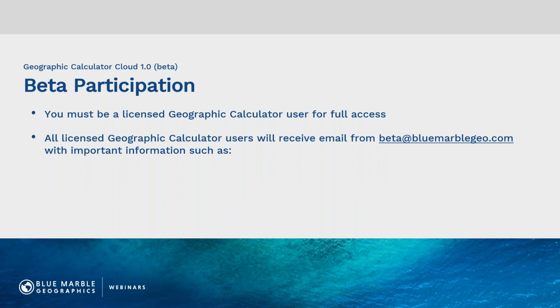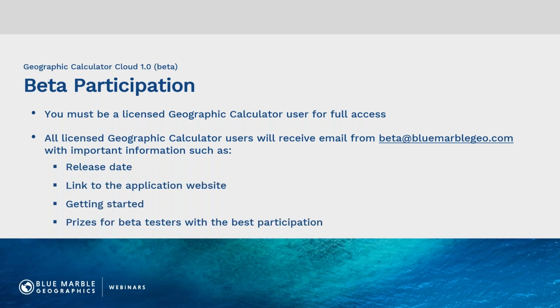So be looking out for something from beta@bluemarblegeo.com. I'll be sending emails from that address when we're ready to release the beta with all the necessary information, such as the actual release date, what the URL is for the application, how to get started, and we're going to offer some prizes for those beta testers with the best participation.